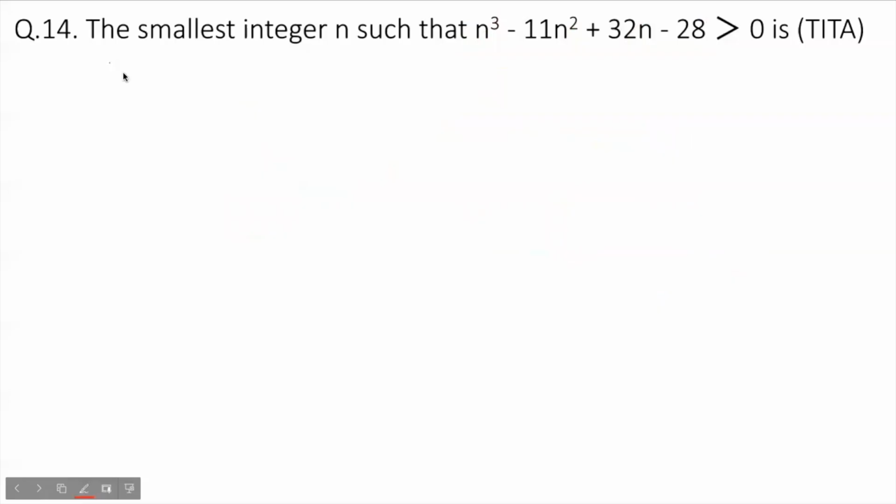So what we do is we write n is equal to 2 here, and then we use synthetic division to find out the other roots or the other factors for this given equation. So we have n cube, meaning coefficient is 1, n square minus 11, coefficient of n is 32, and the constant term is minus 28.